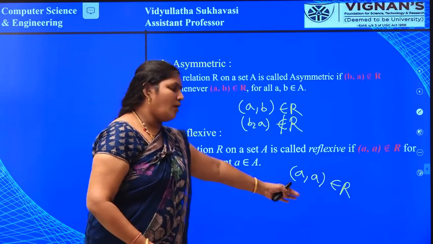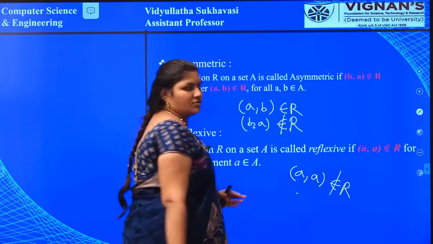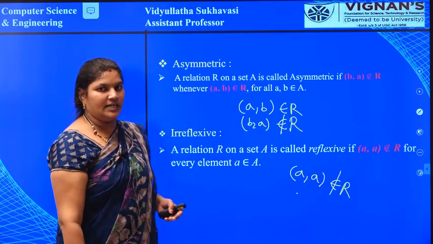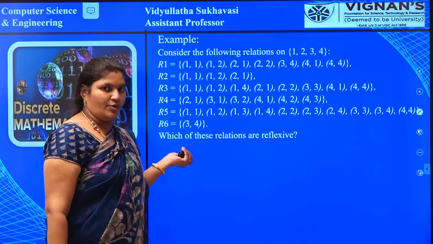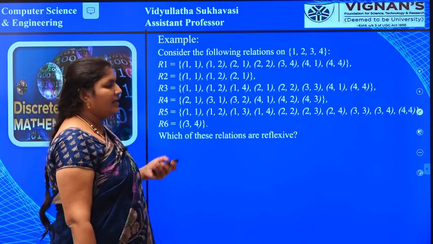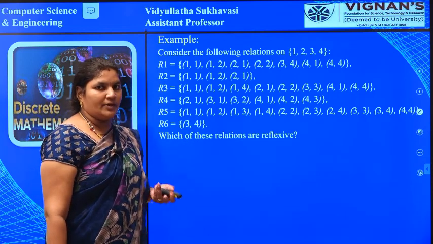Irreflexive means the opposite: a comma a does not belong to relation R, then we can say that it is the irreflexive property. So these are the properties, and now we are going to check examples for whether the given relations satisfy the given properties or not.